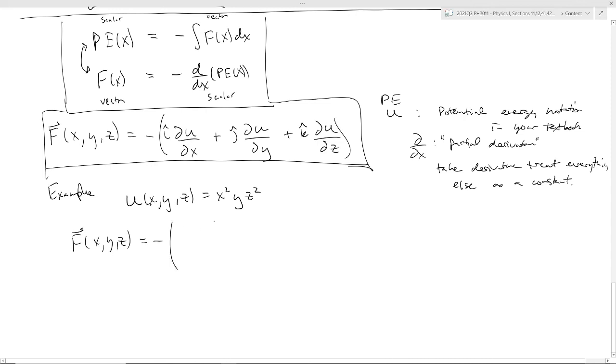It'd be the negative of i hat times the partial derivative of our function with respect to x, plus j hat times the partial with respect to y, plus k hat times the partial with respect to z.